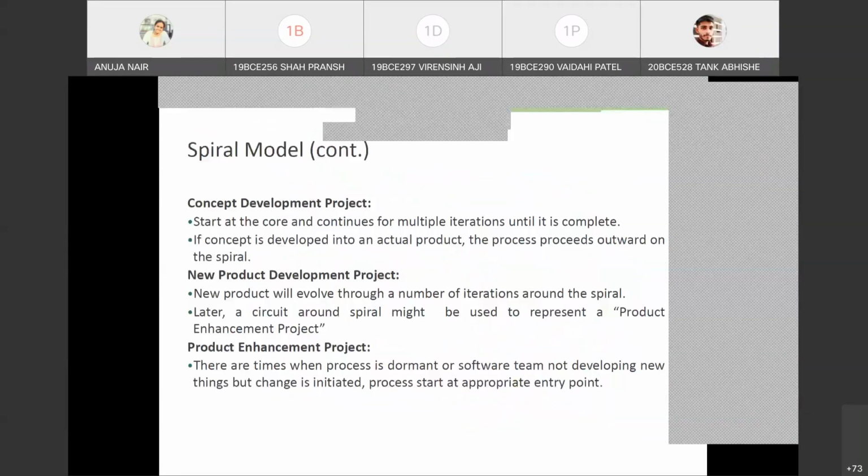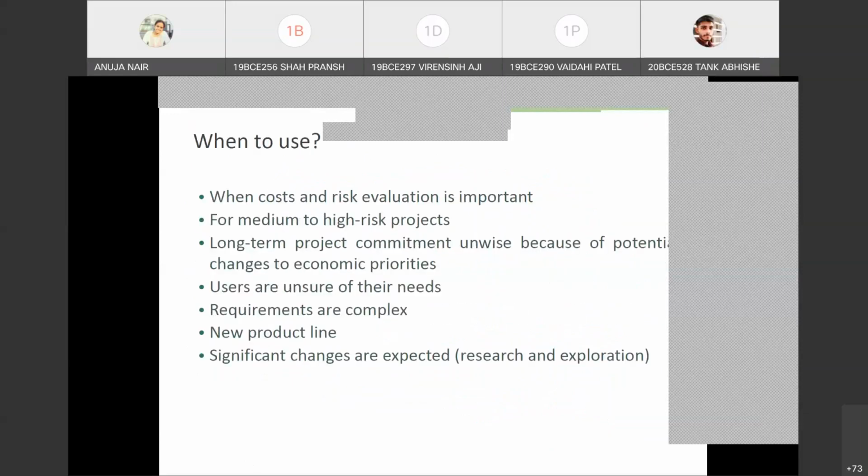Okay. Now, when to use the spiral model? When cost and risk evaluation is important. For medium to high risk projects, you require it.